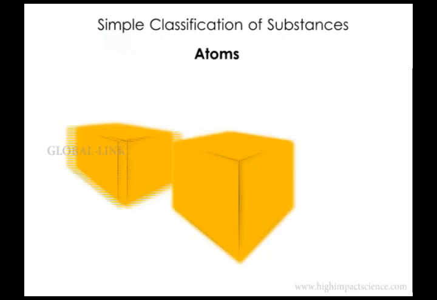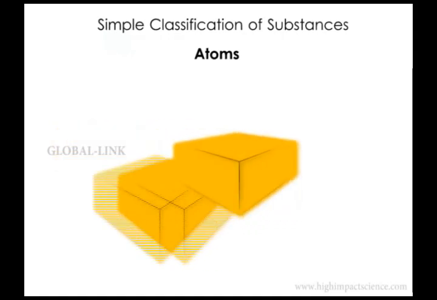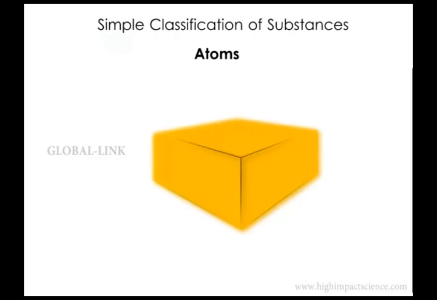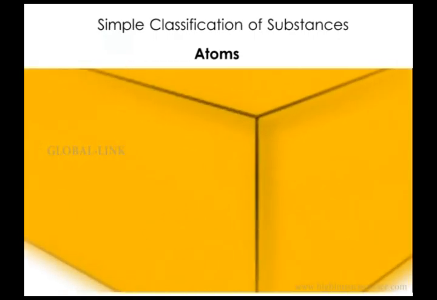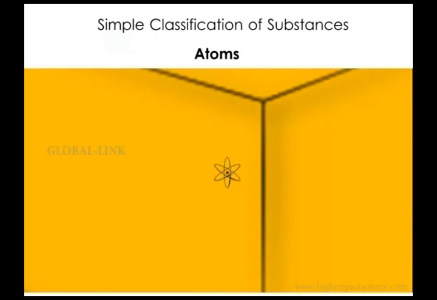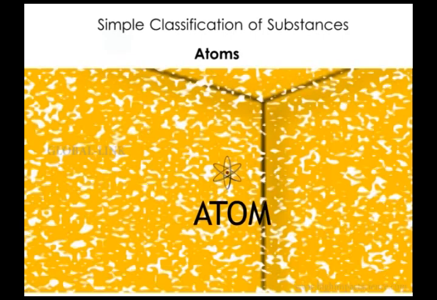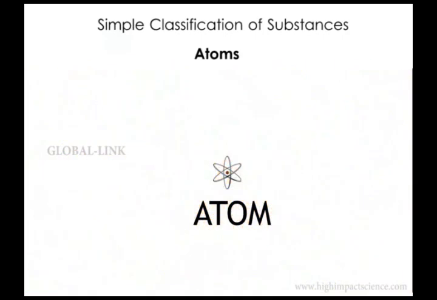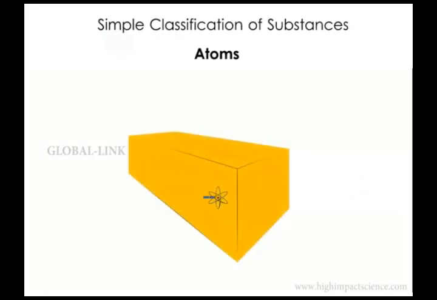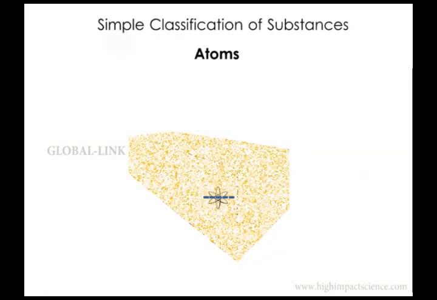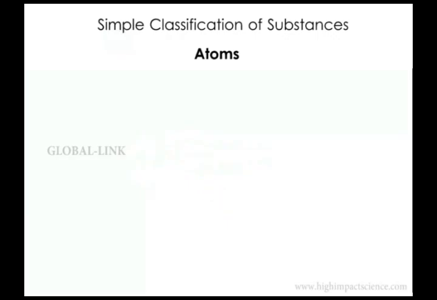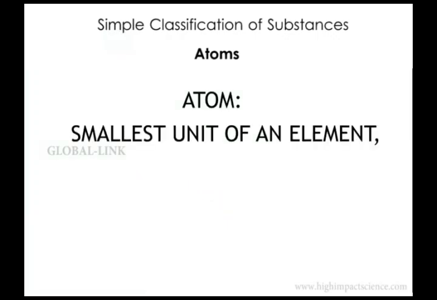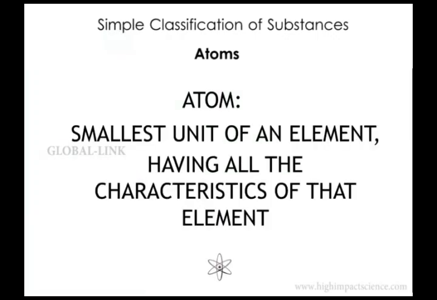If you chop this piece into half, chop into half again, and again, and again for a very, very long time, that's if you could, you will get to a point where you cannot cut anymore, and you will end up with the smallest piece of gold possible, an individual gold atom. If you could cut the gold atom, it will no longer be gold. So an atom is the smallest unit of an element having all the characteristics of that element.